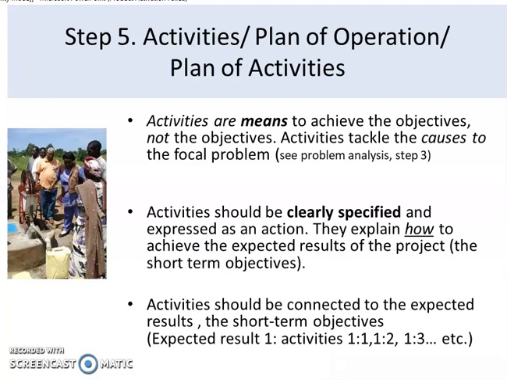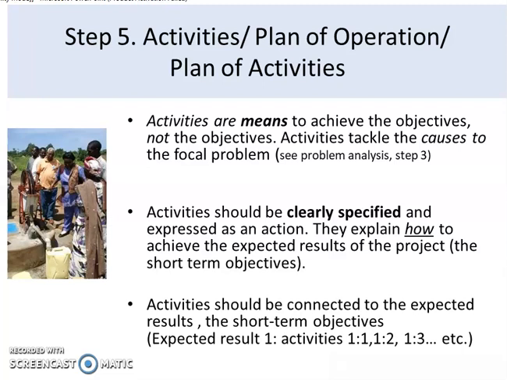And activities should be clearly specified and expressed as actions. They explain how to achieve the expected results of a project, the short-term objectives, for instance. The activities should be connected to the expected results. Each activity should yield some results.